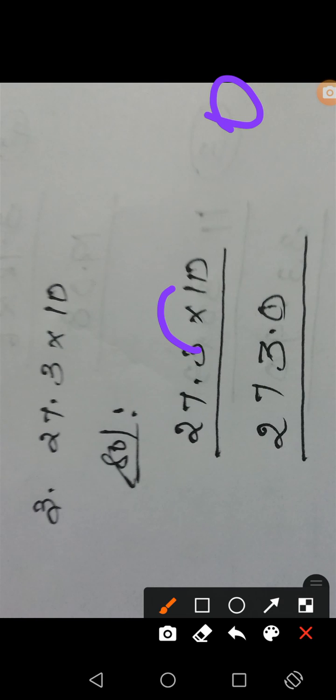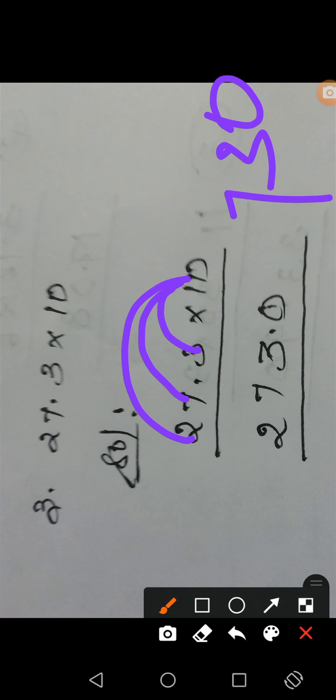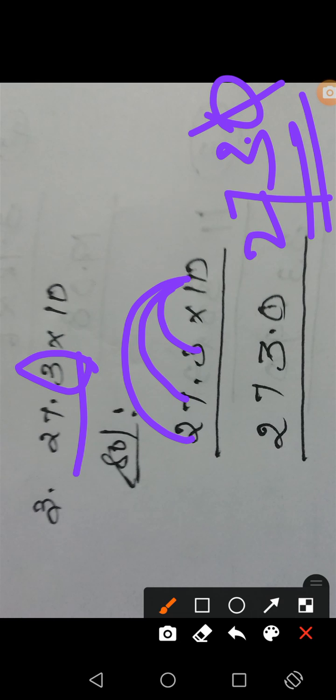Then 1 into 3 is 3, 1 into 7 is 7, 1 into 2 is 2. In the given question, the point is after only one number, so from back to front, one number before, you keep the point. Point after zeros is rejected. We get the solution 273. Okay, I hope you understood.